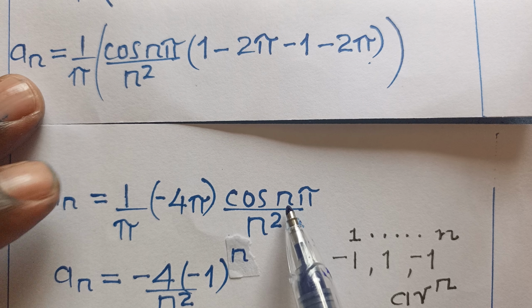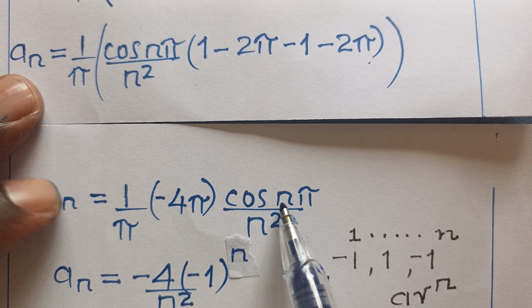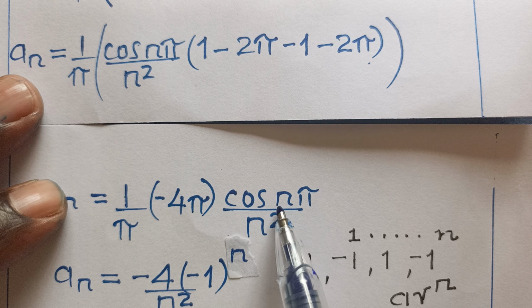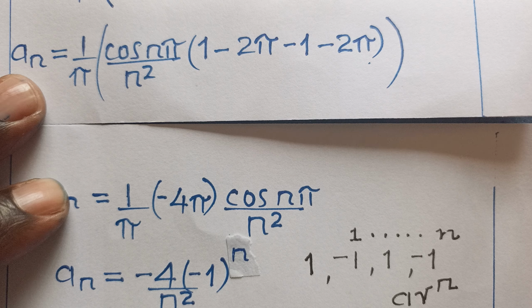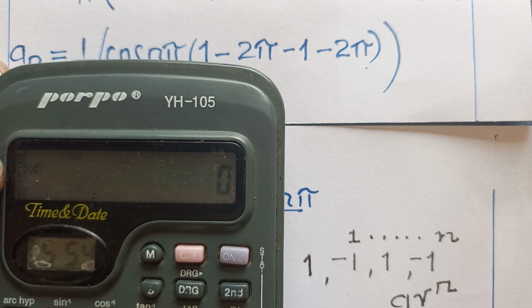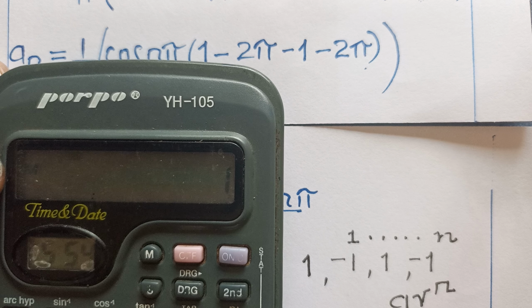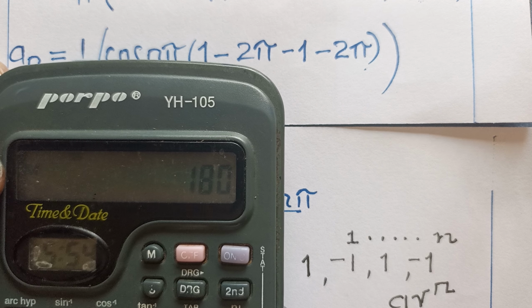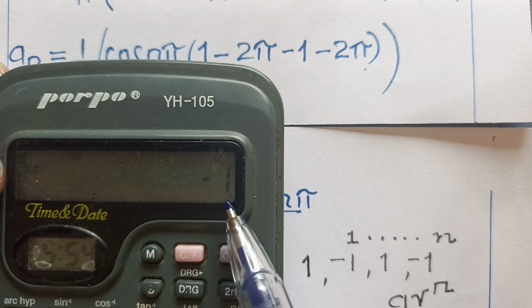Guys, wherever we have this number n, it will be from 1, 2, 3, and so on. So for the first case, we have pi. Pi will give us, that is cos pi will give us, that is cos 180, gives us negative 1.